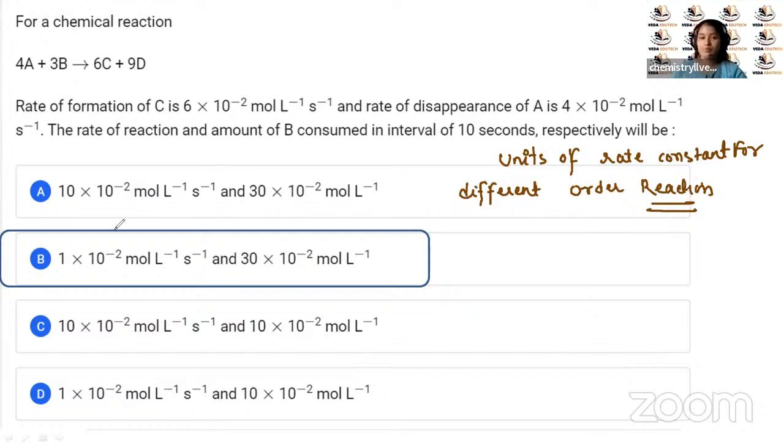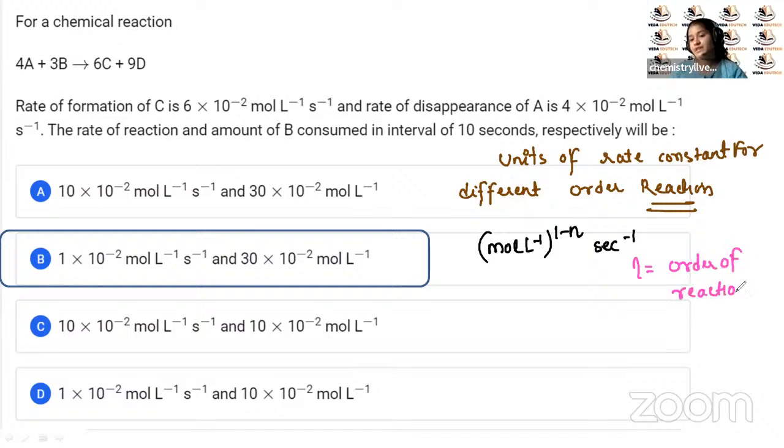So there's a general formula or an easy formula that you should know, that is mole liter inverse to the power 1 minus n, second inverse, where n equals the order of reaction.